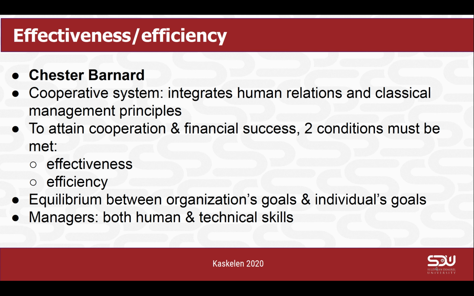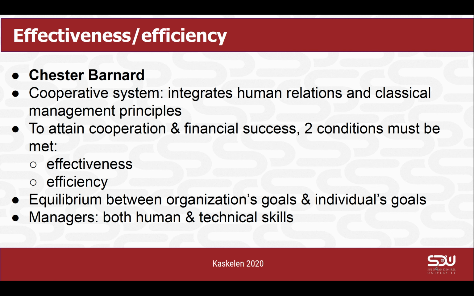According to Barnard, to attain cooperation and financial success, two conditions must be met. This is effectiveness, which is the degree to which the common purpose of the organization is achieved, and the second is efficiency. It is the satisfaction of individual motives of employees.